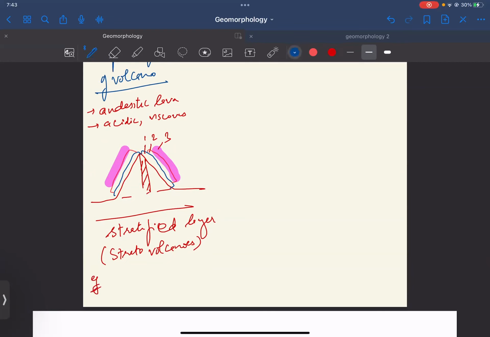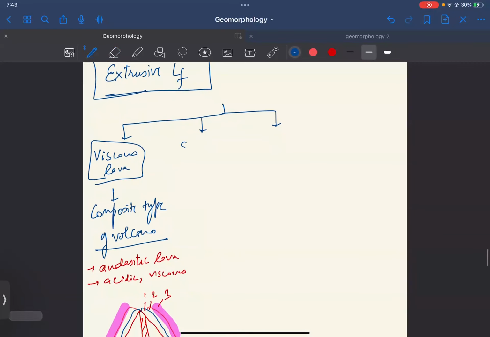Example इसके जो लिखने हैं आपको: Mount Stromboli, Mediterranean Sea में. Then Mount Vesuvius. वैसे याद नहीं देंगे examples, you can avoid also. You can also put it, otherwise leave it.